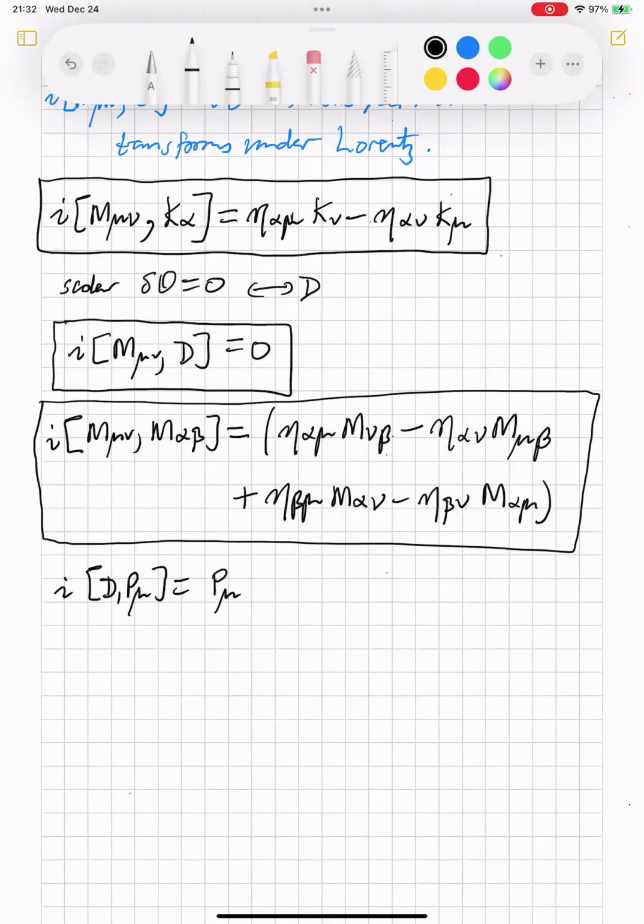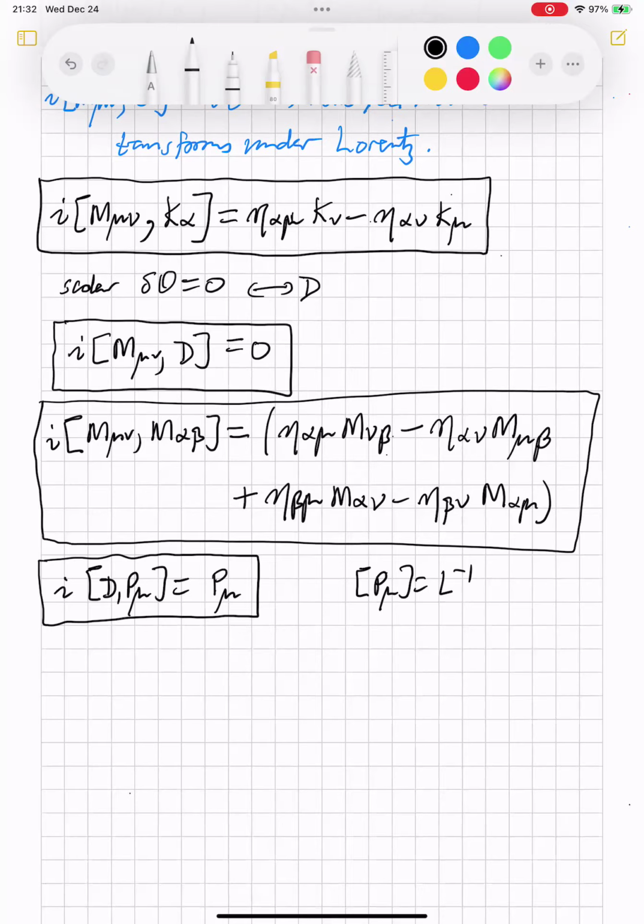Now remember that P mu is length to the minus 1. So it scales in a definite way. And that's why it looks like when D acts on P mu, it gives us back P mu. P mu is an eigenfunction of D.